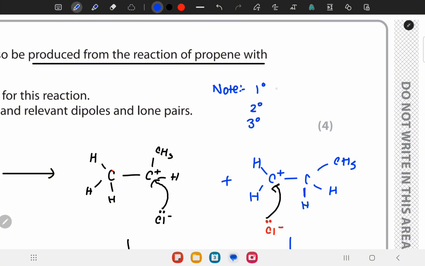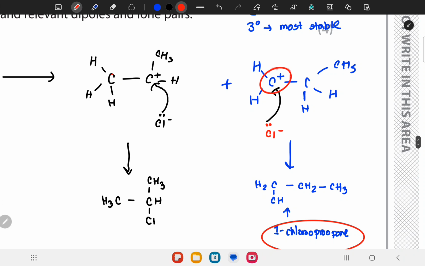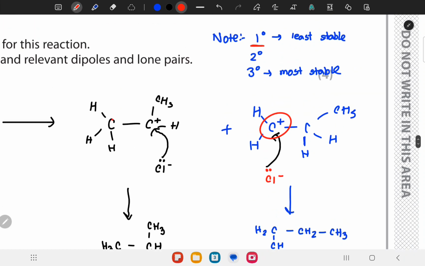1 degree carbocations are the least stable, while tertiary carbocations are the most stable. When 1-chloropropane is being formed, we have this carbocation over here, which is a 1 degree carbocation. So this is less stable.